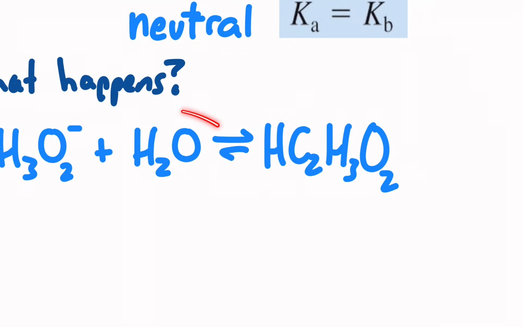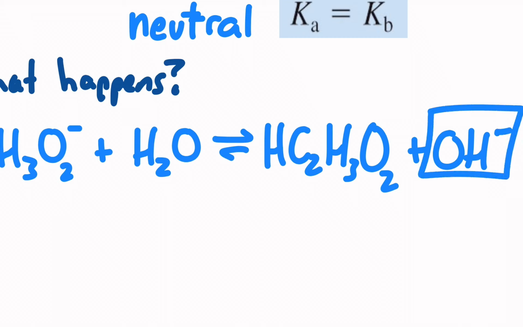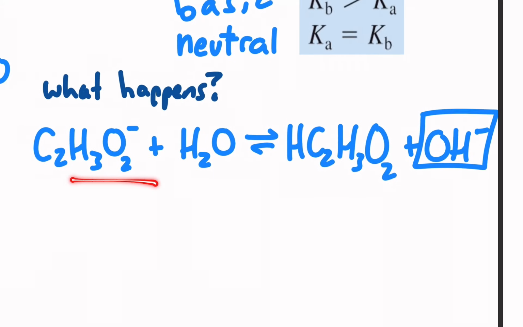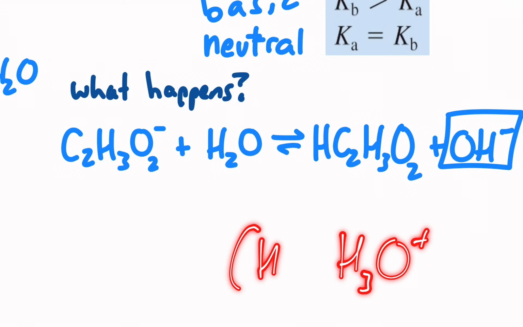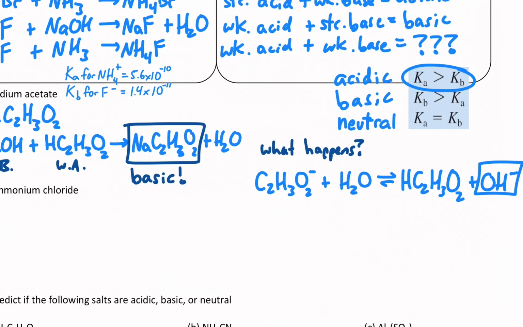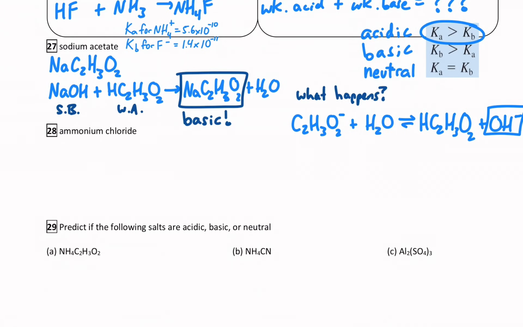And more importantly, the water molecule has become a hydroxide. And that's why this is basic, because the anion has the capacity to create hydroxide. That's what makes salts not neutral, because they either have a way of making hydroxide or of making hydronium ion, aka hydrogen ion.